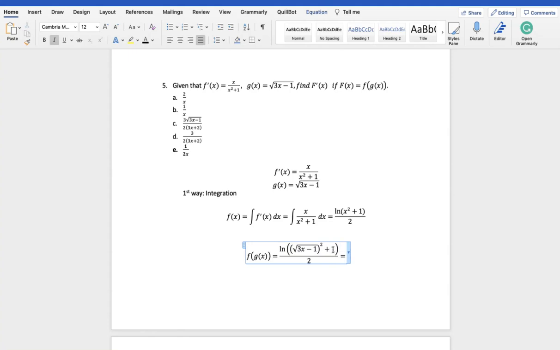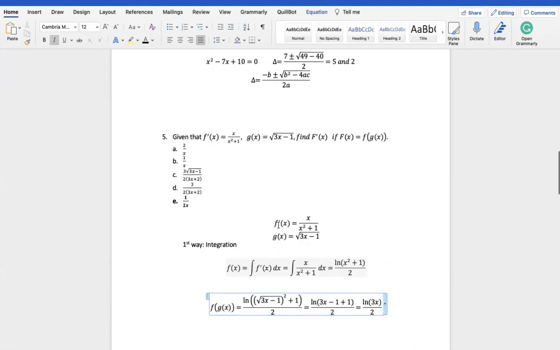And this is obviously equal to, if you simplify, this square there will just be equal to 3x minus 1. And this will be equal to ln of 3x, numerator divided by 2, right? So that's your f of g of x.